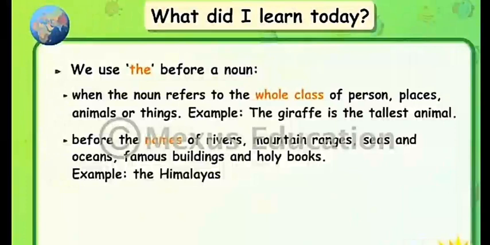Next, we use the before a noun when it refers to the whole class of persons, places or animals. The giraffe is the tallest animal. Before the names of rivers, mountain ranges, seas and oceans, famous buildings and holy books, we use the, like the Himalayas. So today we have learnt about the articles.